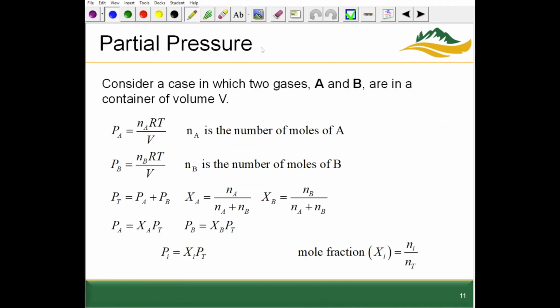So we've gone through partial pressure now. For some additional equations related to partial pressure and even connecting partial pressure to our ideal gas law.